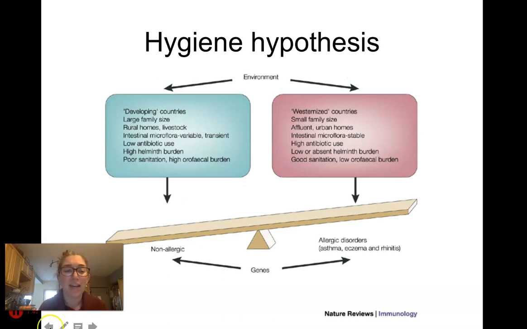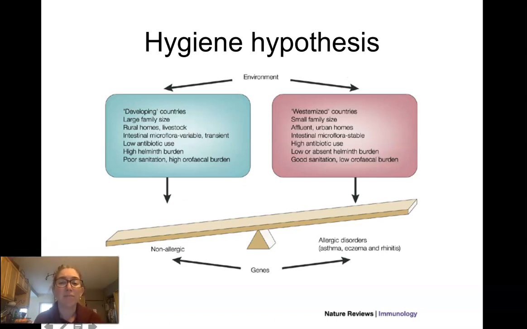This is just a graphic from an article in Nature Reviews showing this hygiene hypothesis. Developing countries tend to have large family size. They tend to live in rural areas with lots of livestock. They've got a high risk of helminth disease, maybe less sanitation, and they tend to have very few allergic reactions.